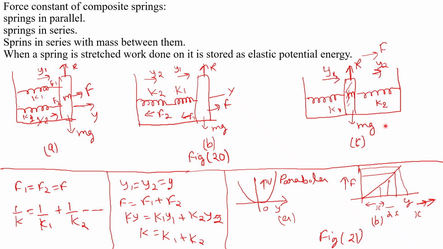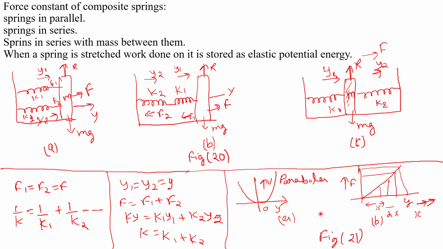Next, when a spring is stretched, work done on it is stored as elastic potential energy. If at any time a spring is stretched by an amount x, the force acting on it is F is equal to Kx. So the work done in changing this stretch from x to x plus dx is dW is equal to F dx is equal to Kx dx.